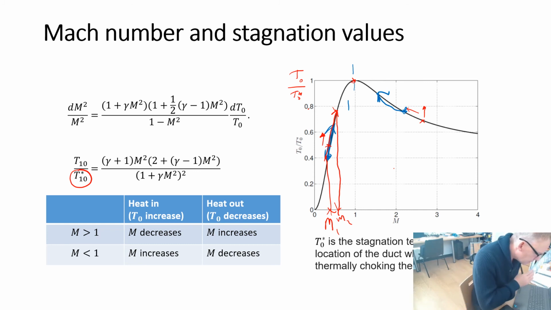It's constant and unchanged as we add or take away heat in this problem. So this is just a table referring to what I've just described. If the flow is subsonic and we add heat, then the Mach number increases, because adding heat is this direction up. And if it's supersonic and we add heat, then the Mach number decreases, pushing towards a sonic flow state.